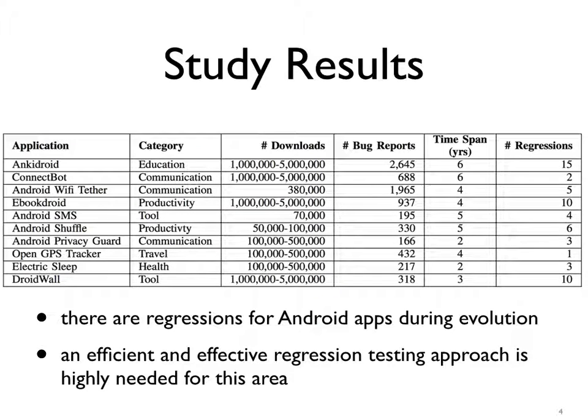This study showed that there are regressions for Android apps during evolution, and an efficient and effective regression testing approach is highly needed for this area.